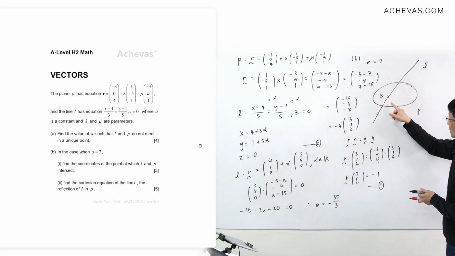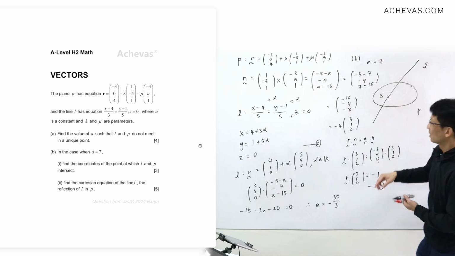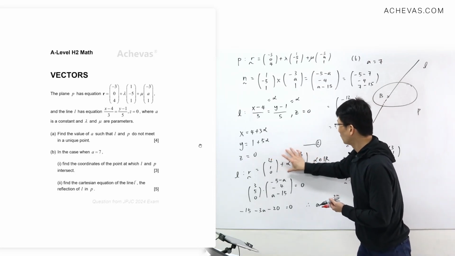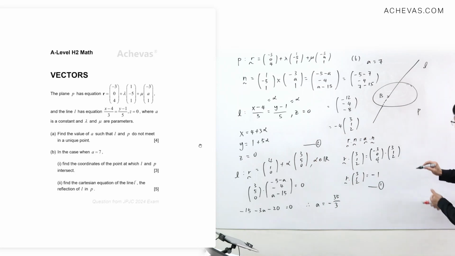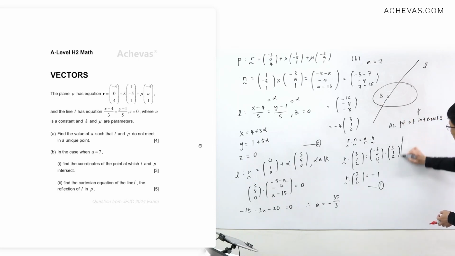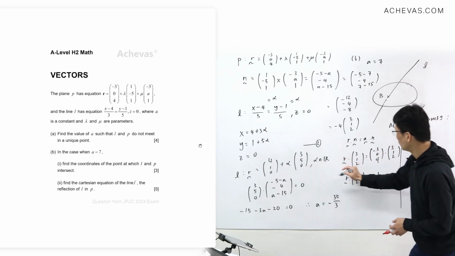To find the point of intersection, basically I can just substitute the entire expression of the line into the r here. So maybe I can just write it here. Point of intersection: I will just substitute this entire line into the r.